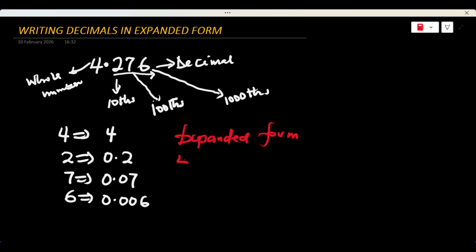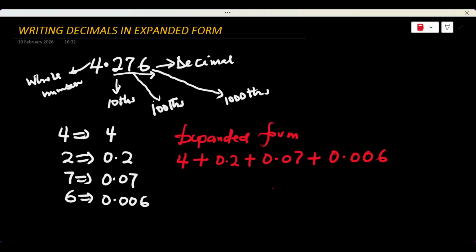We write 4 plus 0.2 plus 0.07 plus 0.006. As simple as that. So this is the expanded form of 4.276. I hope that is clear.